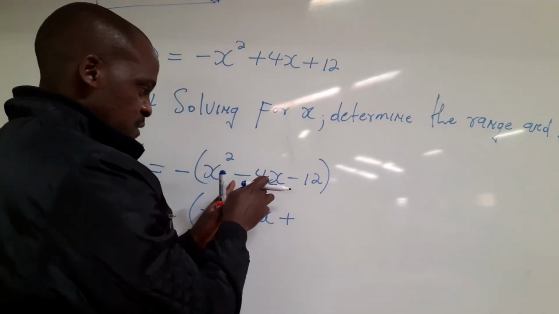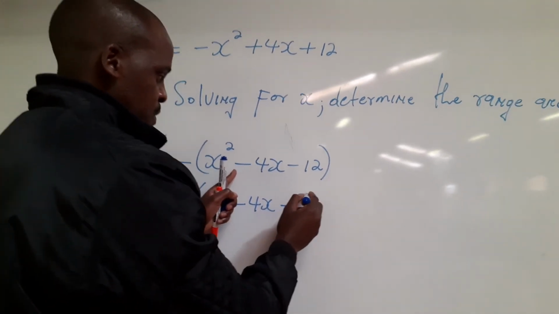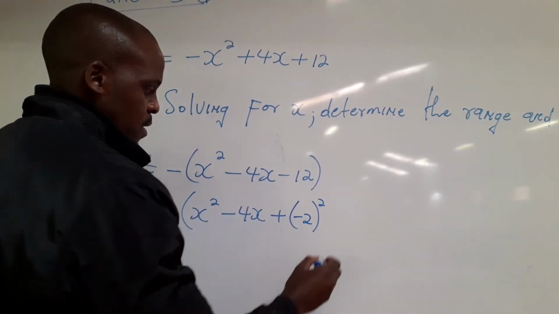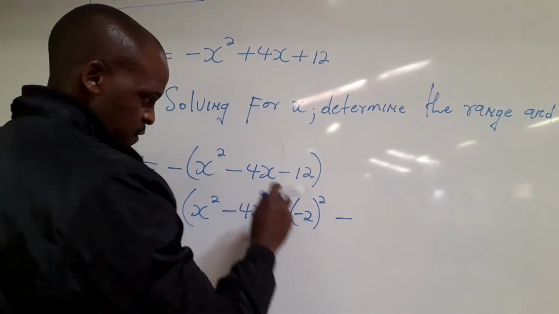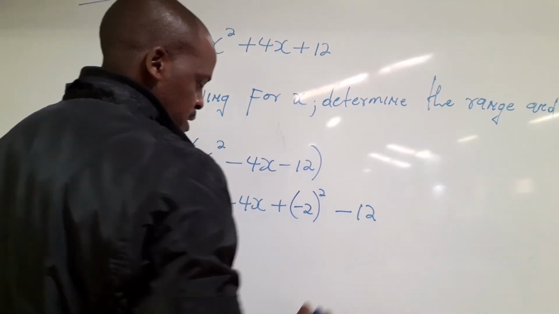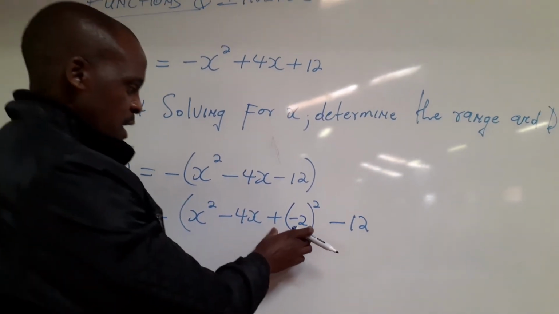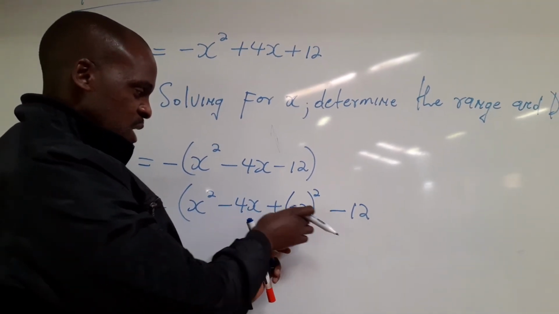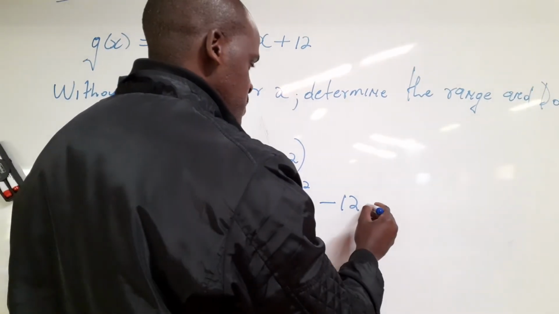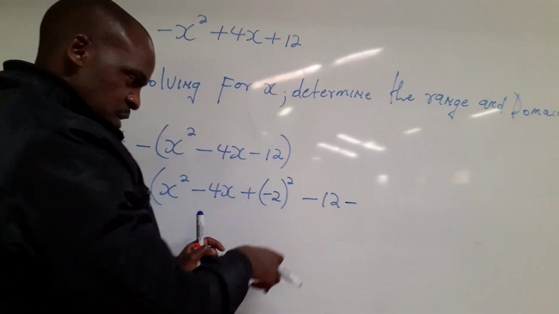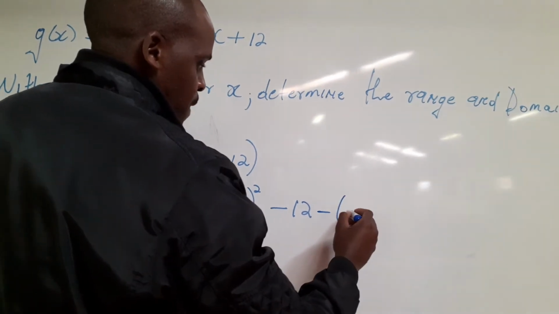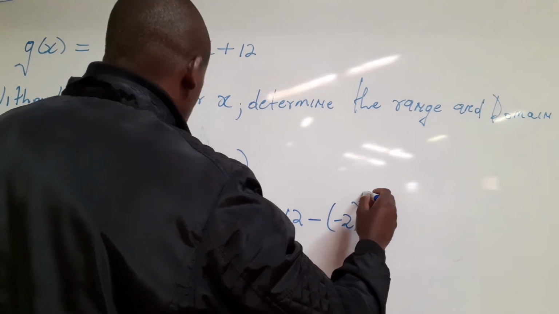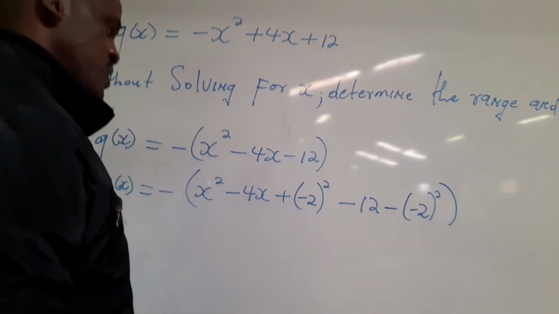In other words, we divide negative 4 by 2. That would be negative 2 squared, minus 12. Remember that these have to cancel each other. So if you add this on the same side, here you have to subtract the same value, negative 2 squared. And then we close our bracket.